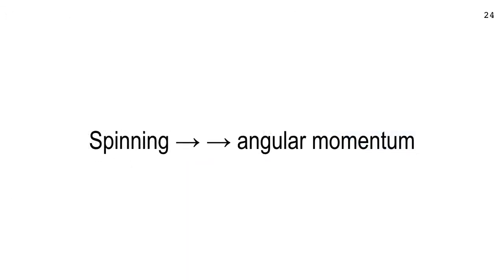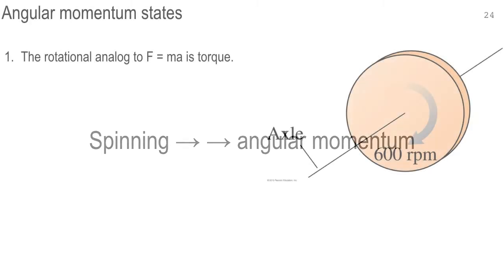So this idea of torque: a force affects the momentum, delta p; a torque affects the angular momentum. And that's what we're going to try to figure out right now. All right, so here we go.